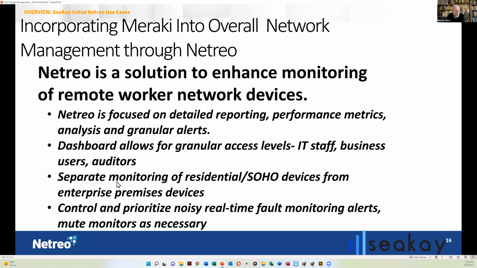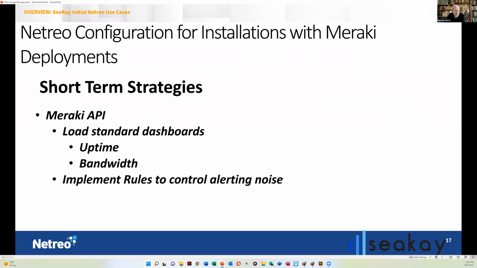We're hoping to develop a methodology to control and prioritize noisy real-time fault monitoring alerts. This is the singular goal we're working on to get a handle on Meraki solutions.